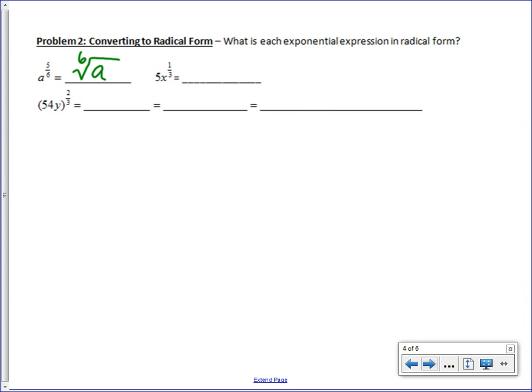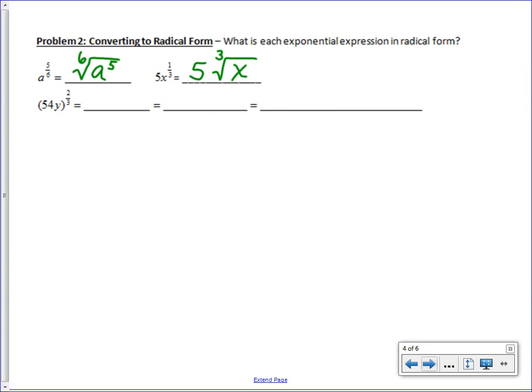A is our base, and the 5 says that we want to take it to the 5th power. In our next example, the 1/3 applies only to the x, so 5 is going to stay outside of the radical expression, and we want the 3rd root, or the cube root, of x.